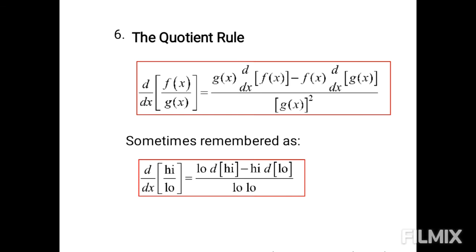So we have this kind of technique on how to remember the quotient rule. We have low times the derivative of the high, minus high times the derivative of the low, all over low squared, the denominator squared. Let's see the example that we have.